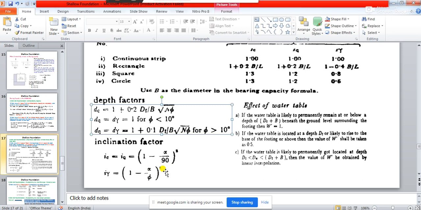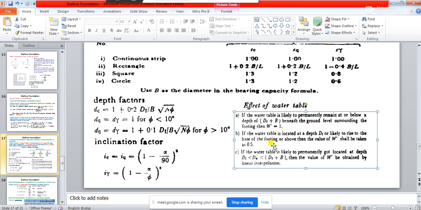So I think if you understand this factor, then the water table correction factor you need not understand from here. Whatever I have discussed for RW2, if you understand RW2, this RW2 and this W dash are exactly the same.